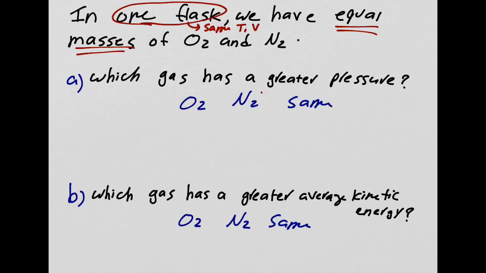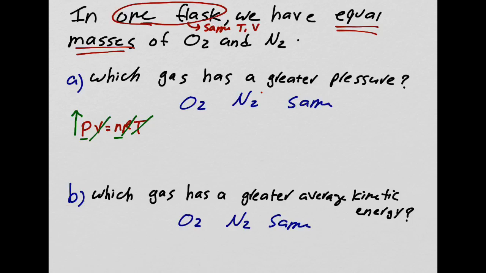Okay, which one has a greater pressure? So I'm going to write down PV = nRT because that's what I know. Every time I have gases, I know PV = nRT. Now you're in one flask, so you have the same temperature and the same volume. And R is a constant, okay? So now what we are looking at is pressure and moles. Now it says which one has a greater pressure.